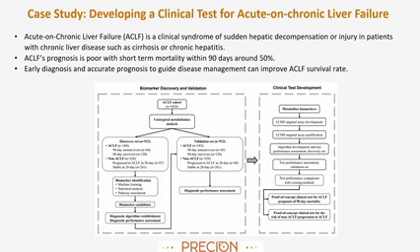And 50% of them are going to die within 90 days, even in the ICU situations. So one of the unmet clinical needs is to predict who's going to die and who's going to survive within this period, so the physicians can triage the patients.